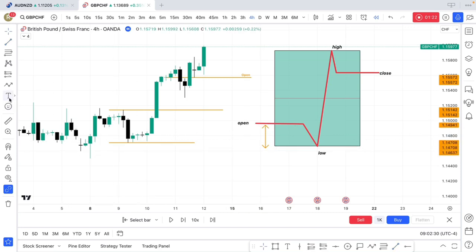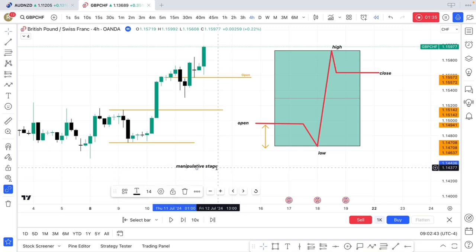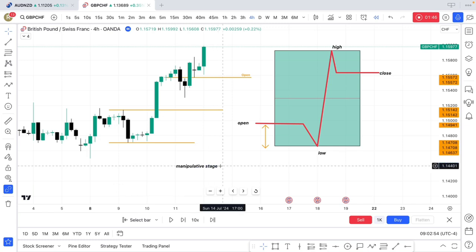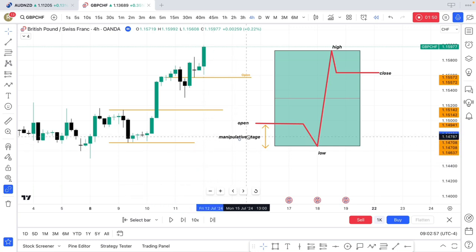That's what we call the manipulative stage. So this is a manipulative space.